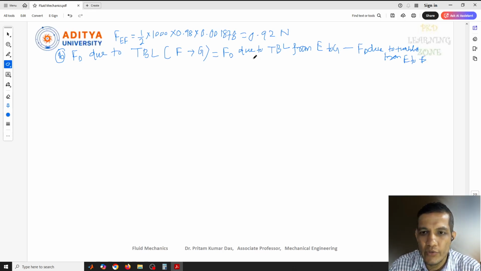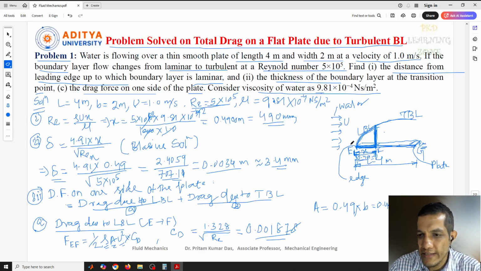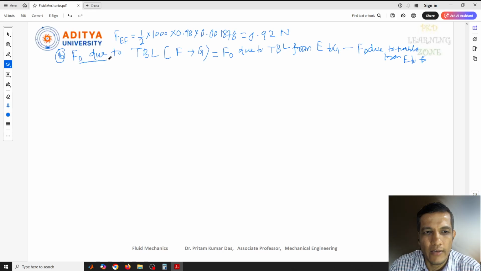So here what I meant to say, see the total length is there. The flow started from the leading edge, but we are considering the laminar and turbulent boundary layer from here. Now when you calculate the drag force due to the turbulent boundary layer from F to G point, how to calculate this?